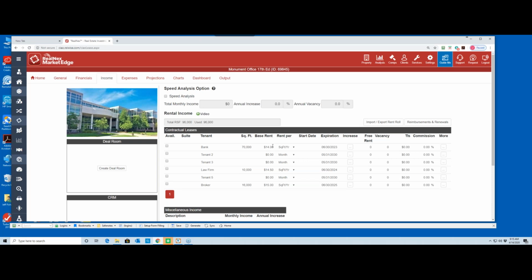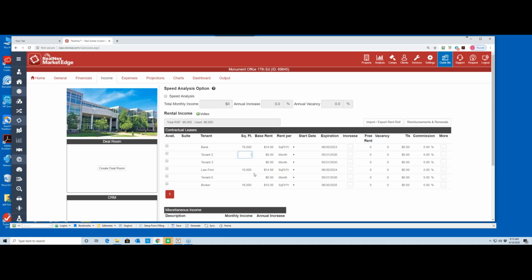Its base rent, before we have any recoveries or anything added onto that, is $14 per square foot. Notice I could put the inputs in other ways, like per month, per year, per square foot per month, per square foot per year. So I'm using per square foot per year in this case. So I've got $14 per square foot per year on the bank, it's 70,000 square feet.